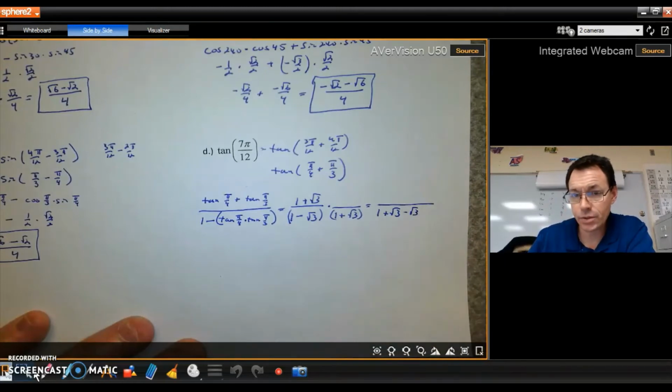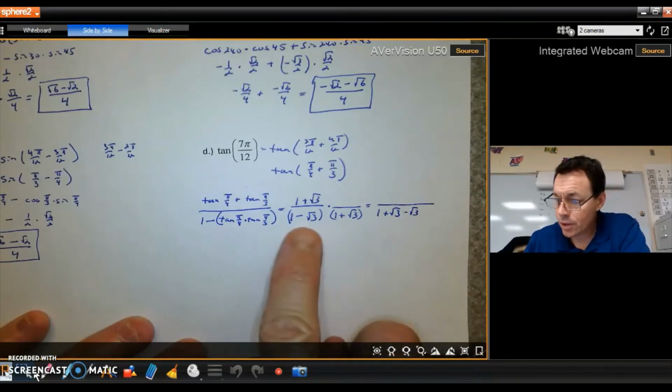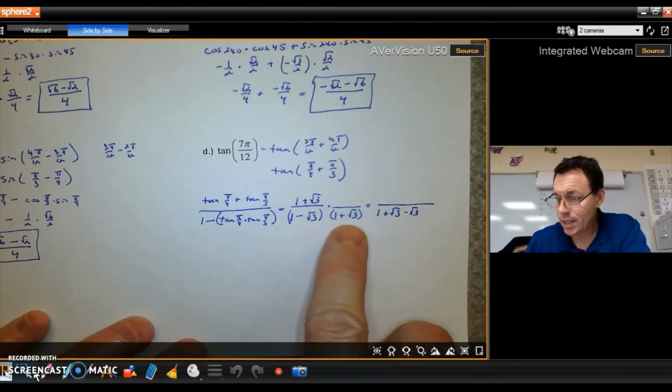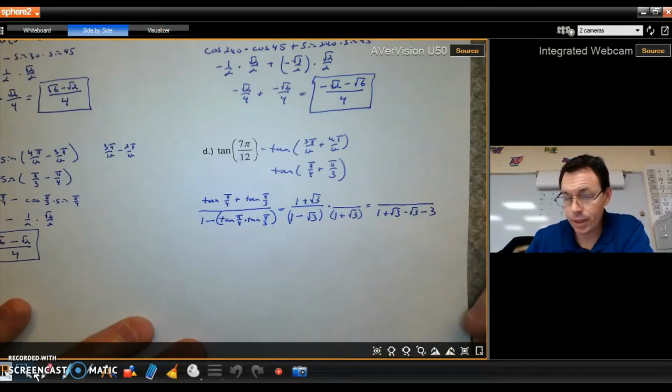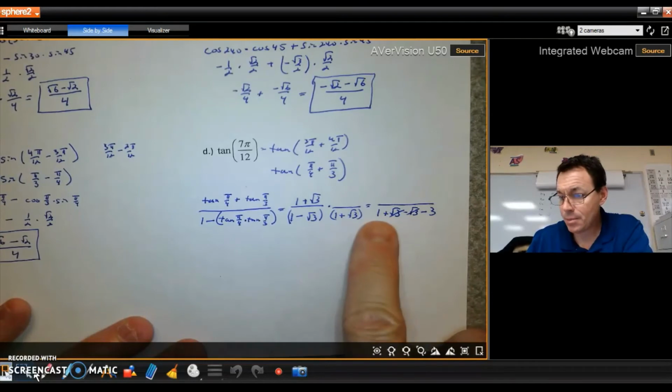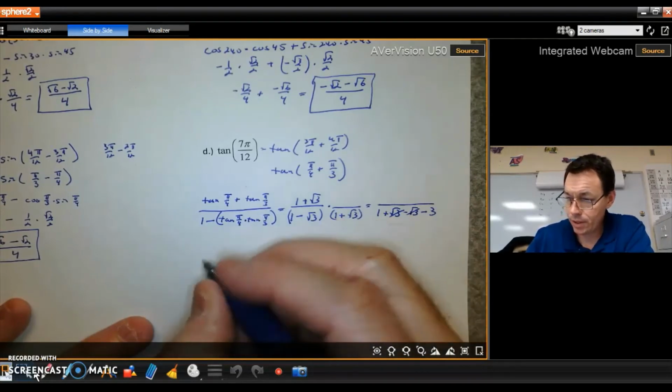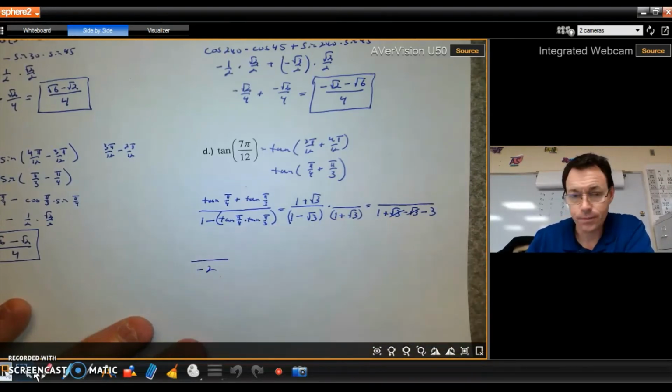So those two are going to cancel each other out. But then you would also get negative radical 3 times positive radical 3, which would be minus plain old 3. So that's not a radical. These two radicals cancel. And so our final denominator is just whatever 1 minus 3 is, which is negative 2.